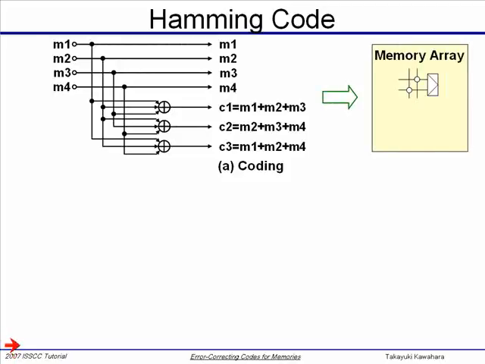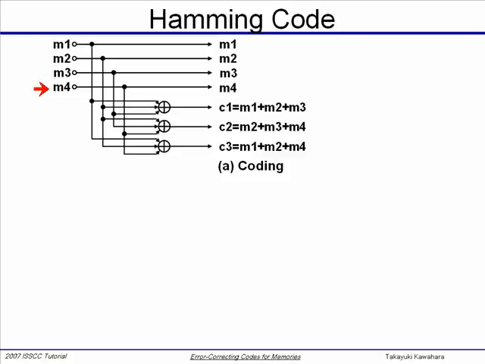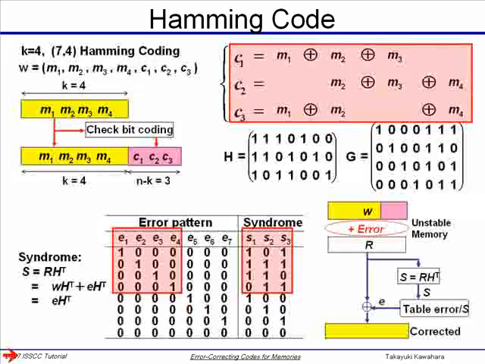This is how to implement the syndrome coding in the memory. So first of all, we calculate the check bits using this equation. Please remember this equation: M1 through M2, M3, M4, M4, M1, M2.